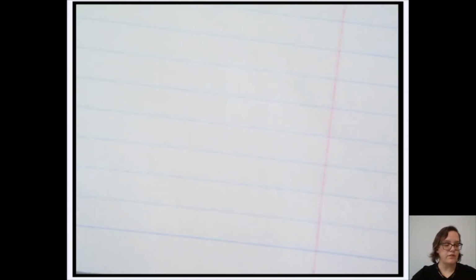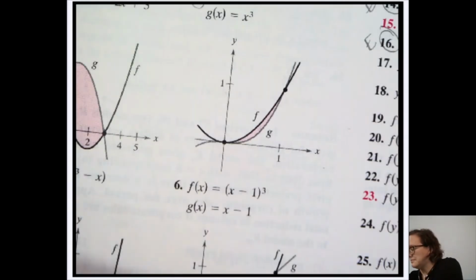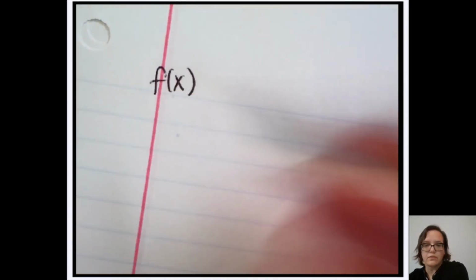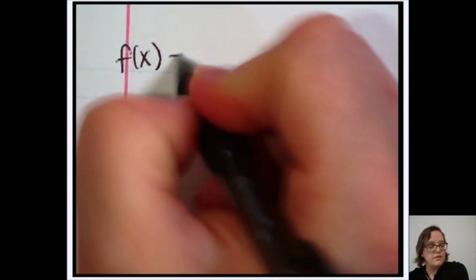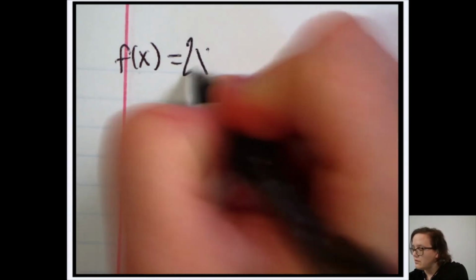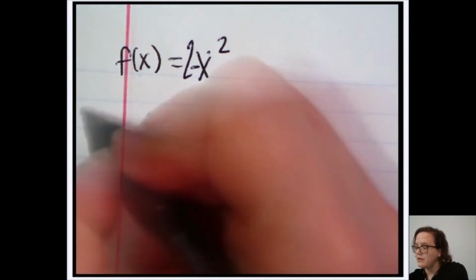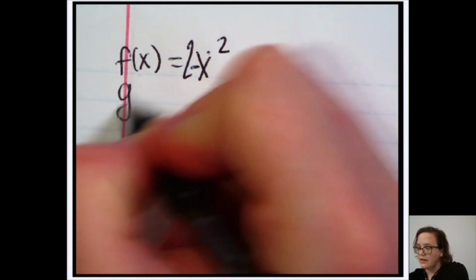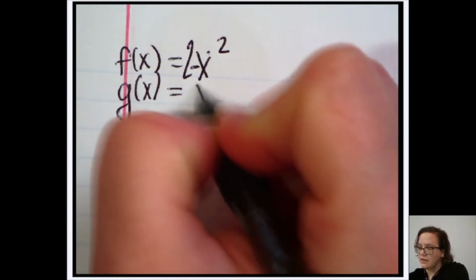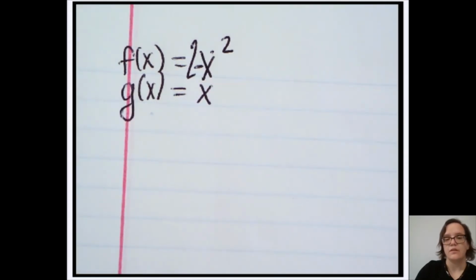Okay, so let's try another example. So we get f of x equals 2 minus x squared. So here we have another parabola, and it's upside down because that's negative. And then we have g of x equals x. So again, we could figure this out just with our graphing knowledge, but let's go ahead and go to Desmos a minute and see what we can find there.